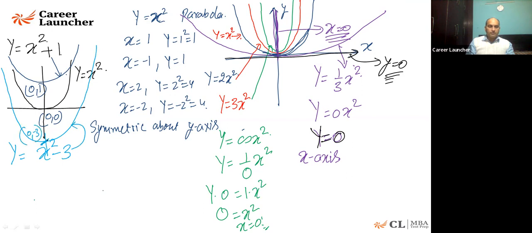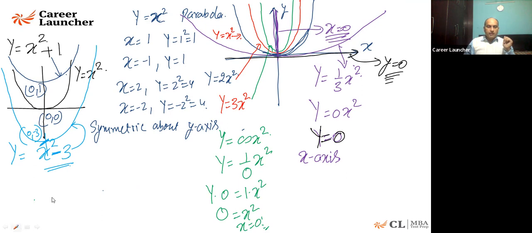This is the vertex. So y is equal to x square minus 3 is nothing but the parabola pulled down. I hope it is clear. Anyone, any question, any doubt here, you can ask certainly. Anything. You understand it?